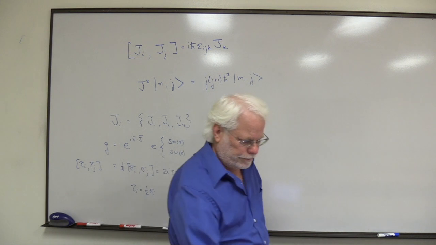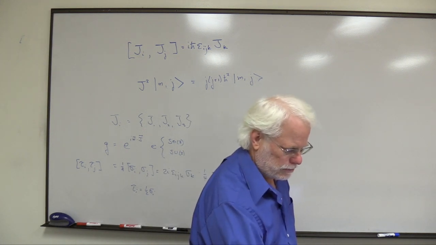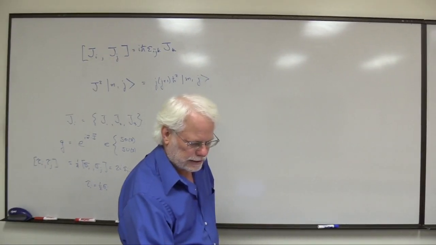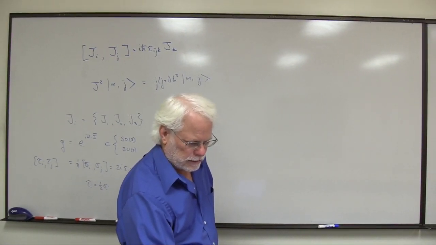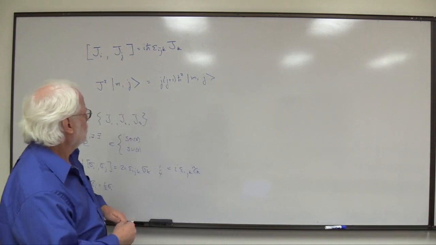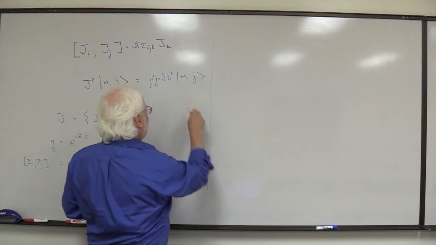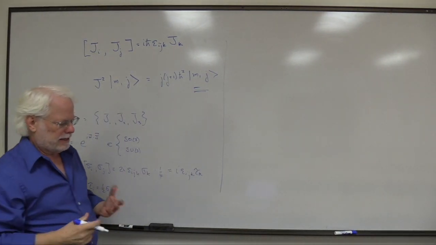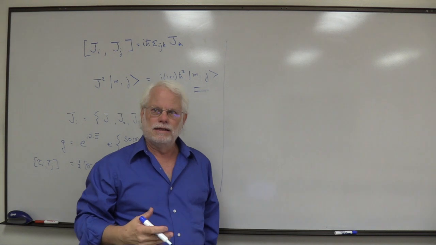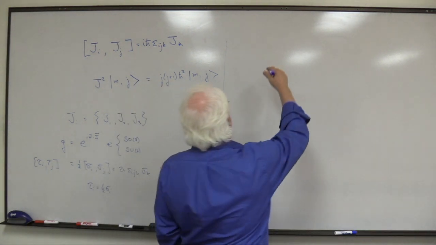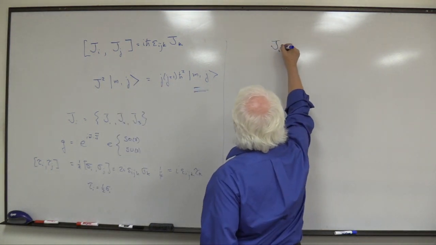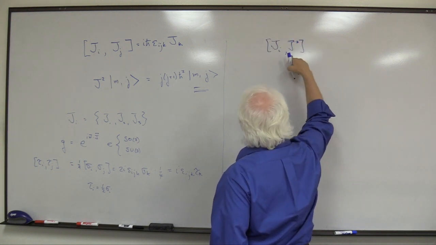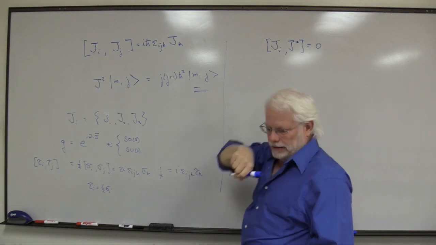We don't know a priori that that's the right way to label the eigenstates. So what we want to do to actually find all of the states is to first find a set of maximally commuting observables. We know that each of the three J's commutes with J squared. It's a Casimir operator, so they commute.